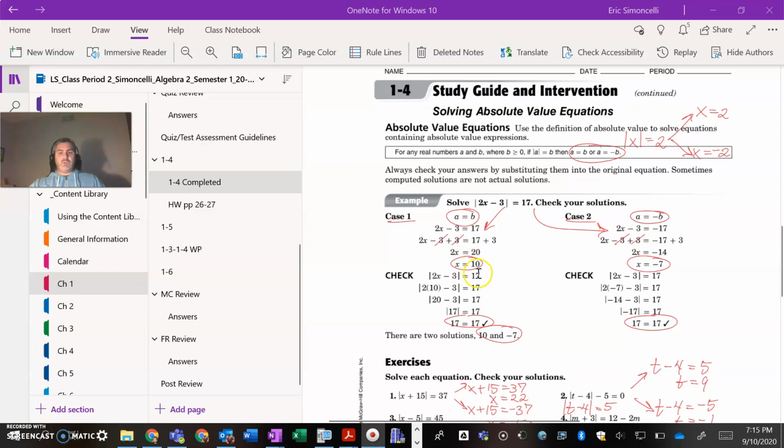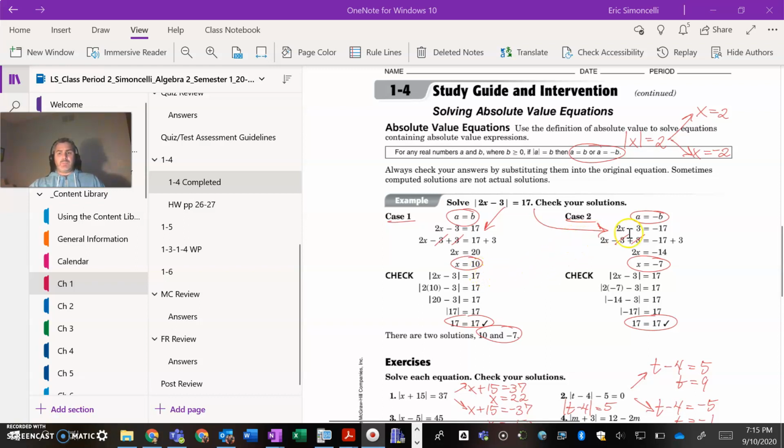Divide by 2, and x equals 10. To check our solution, that's a simple matter of plugging 10 into the expression: 2 times 10 minus 3, the absolute value of 17 equals 17, so the answer checks. In other words, 10 is a good solution.